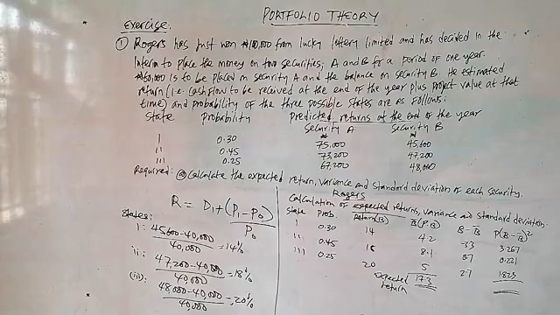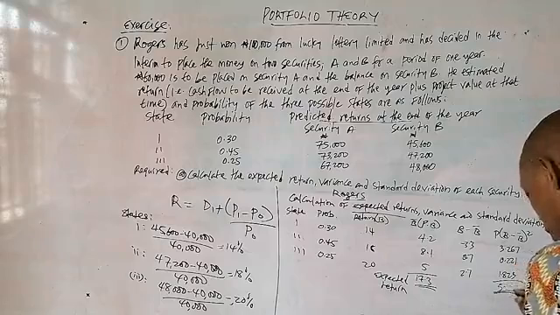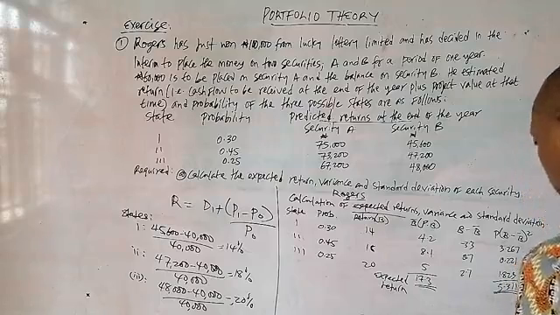Okay, so 3.267 plus 0.221 plus 1.823 is equal to 5.311.